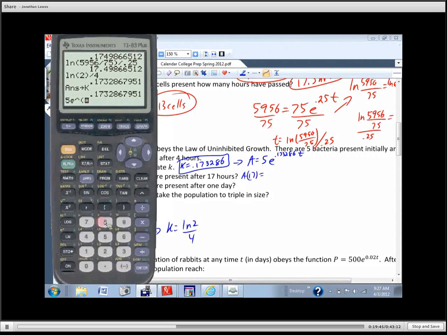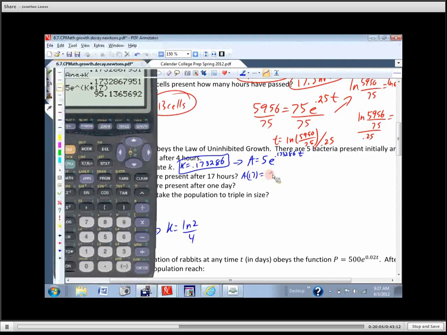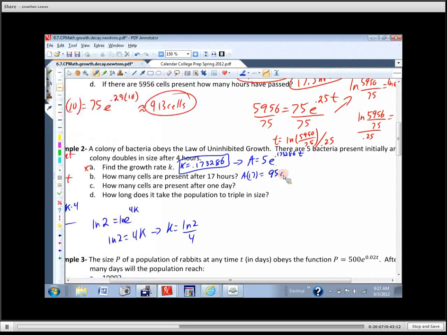So I'm going to hit alpha k, and then we're going to times that by 17 hours. 5 e to the k times 17. So we end up with 95 cells. Next question.